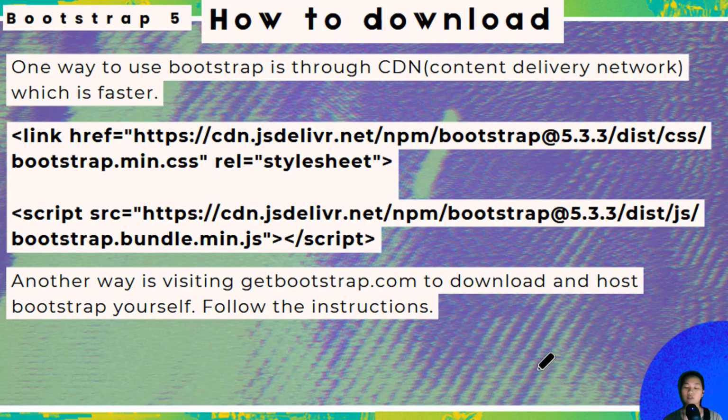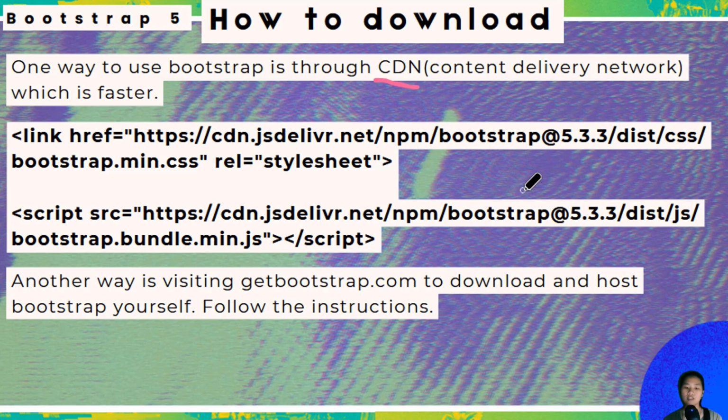First off, how to download. Bootstrap is very, very easy to download, and there are two methods that you can go about it. First off, you can use a CDN approach, or content delivery network approach, wherein you just need to input these two, as you can see here, link and script, to the head tag, okay, the head section.